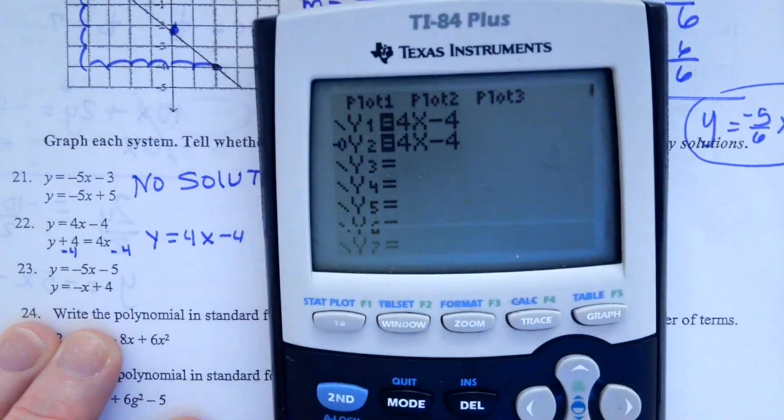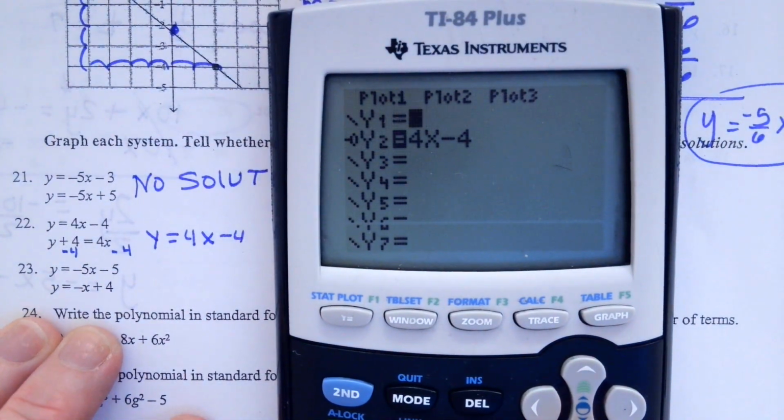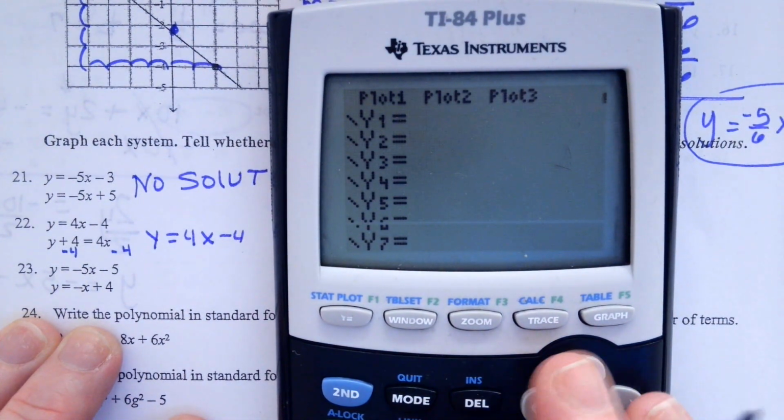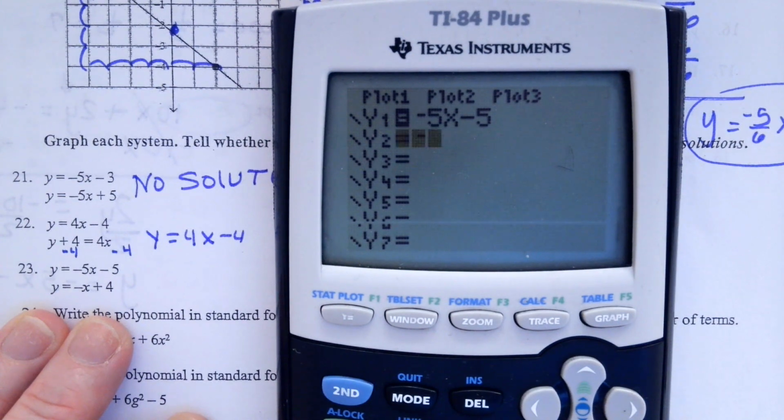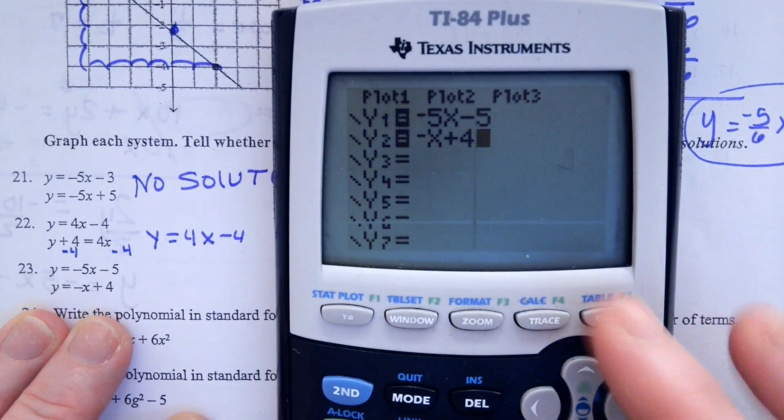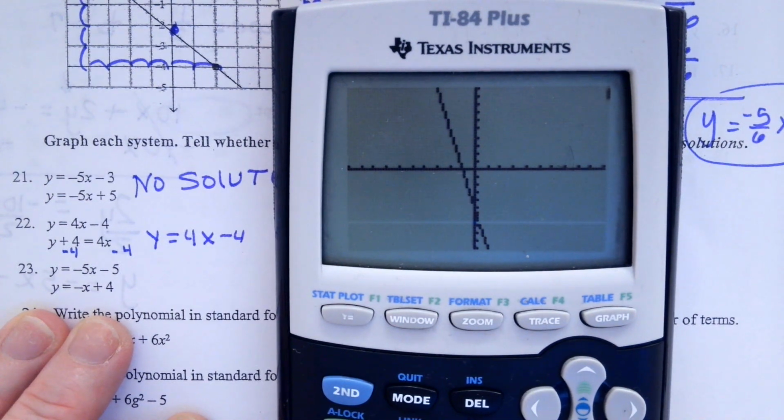All right, we're going to go in here and we're going to do number 23. 23 says negative 5x minus 5 and negative x plus 4. And we're going to graph. And there goes the first one. Here goes the second one. This one has one solution.